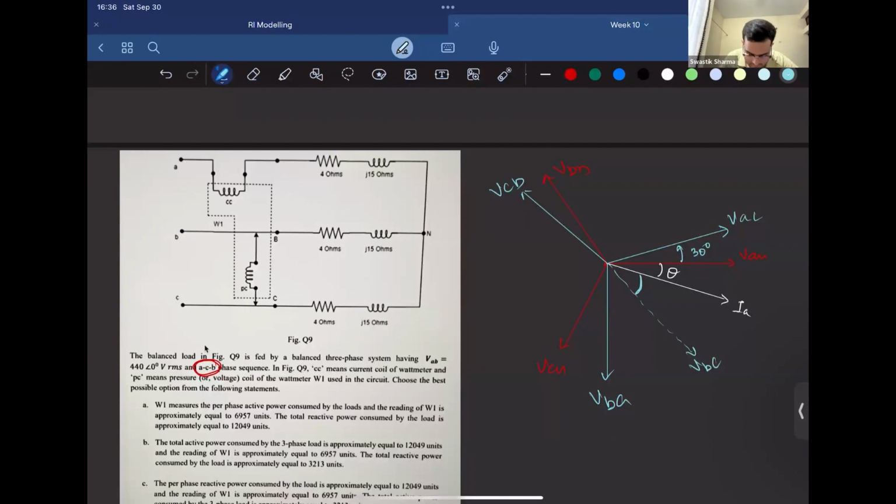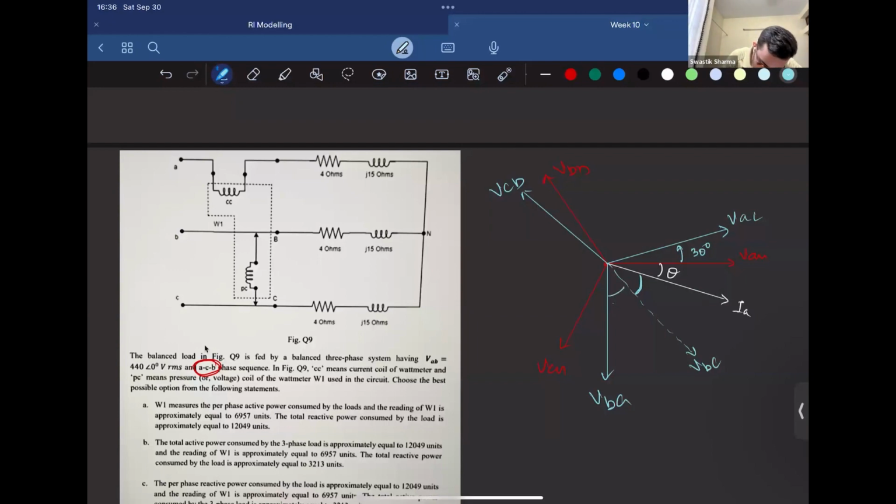We are required to know what this voltage phase angle difference is. So let's think. This is leading it by 30 degrees, so that means this is 90. This would also be 30 degrees.